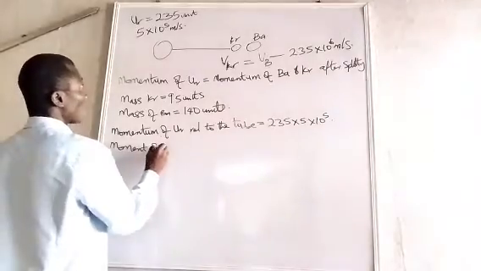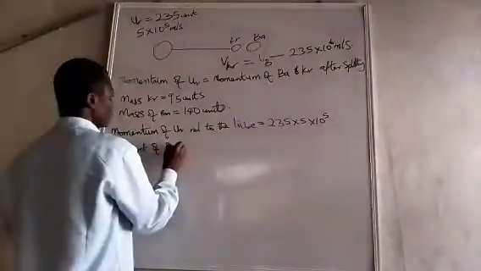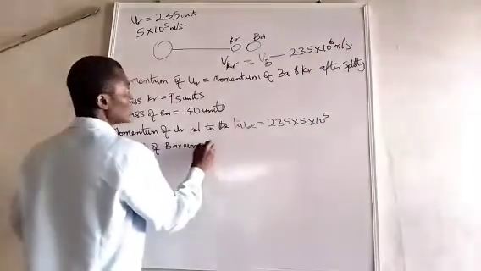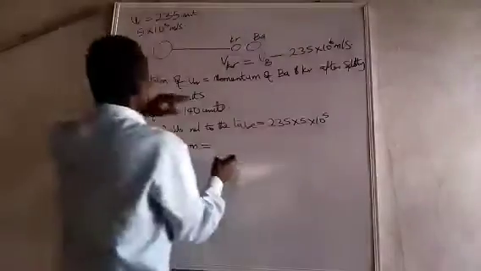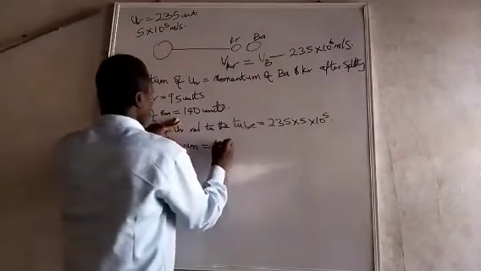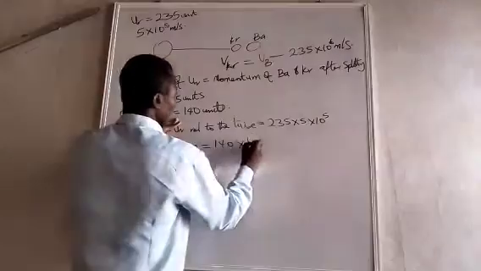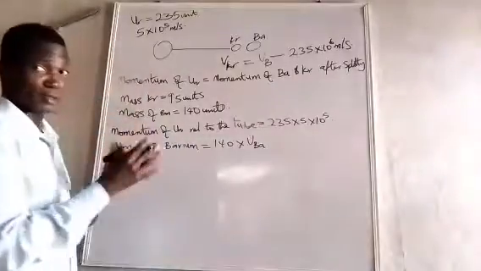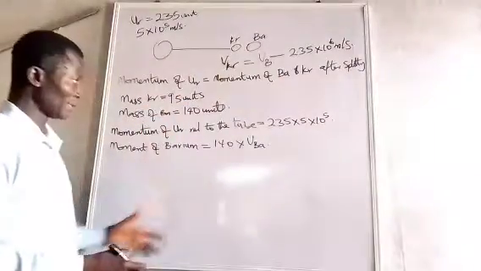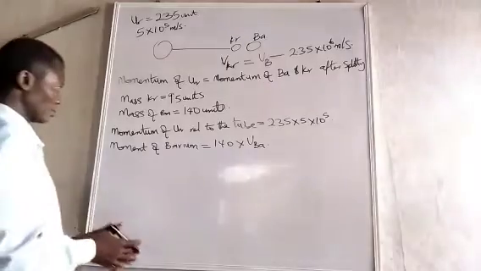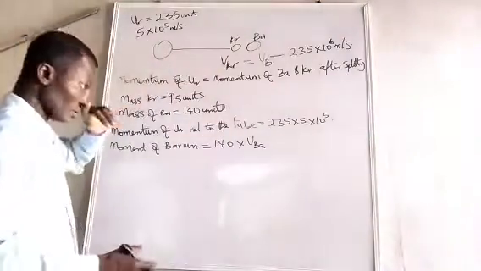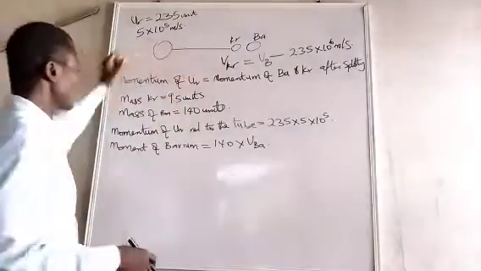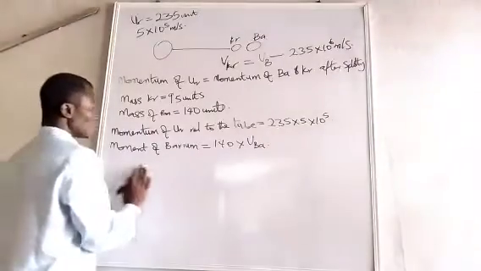The momentum of barium is equal to 140 times the velocity of barium relative to the tube. All these velocities are taken relative to the tube, please. There are other ways you can do it too. You can take it and then look at the relationship between them with that of the moving uranium.